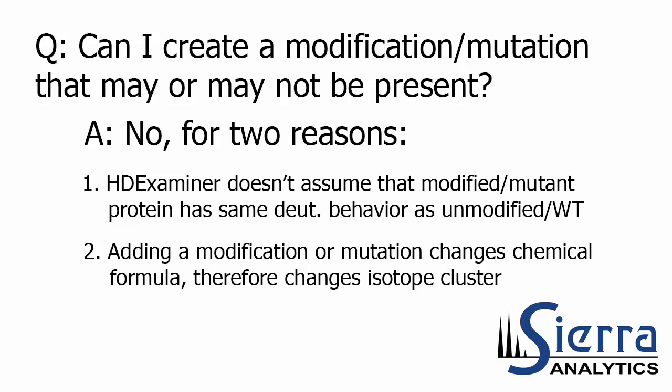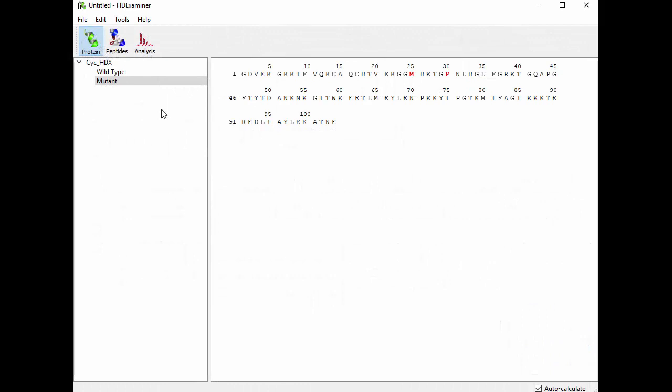And since HDExaminer uses an isotope cluster modeling algorithm to find your peptides, it needs to make sure it's searching for the right thing, and it can't do that if there's a mutation or a modification that might be there or might not be there. So when I explain to people that if you have a modification or a mutation that is maybe there or maybe not, you have to set up two separate protein states.